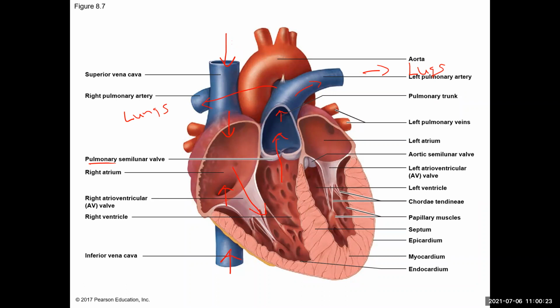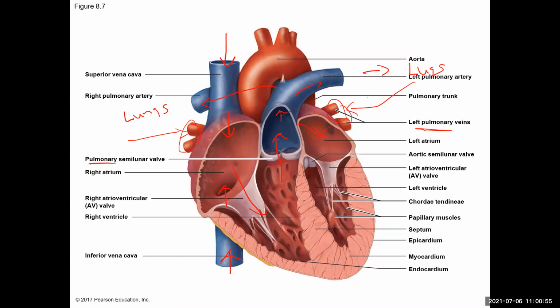Now, once the blood returns from the lungs, it's oxygenated. It returns via the pulmonary veins. So you have your left pulmonary veins here, you have your right pulmonary veins there. This brings the blood into the left atrium.